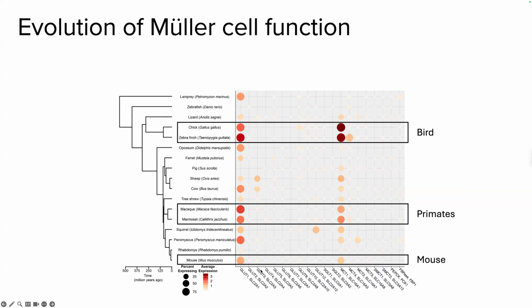This is similar to the patterns we see in some other visually dependent animals, for example, the primates. But the expression levels in those species are just much more reduced compared to the birds. So it seems that the birds have just used the same, you could say, building blocks as are present in all the other vertebrates, but have just overexpressed MCT1 and GLUT1 within the Müller glial cells.